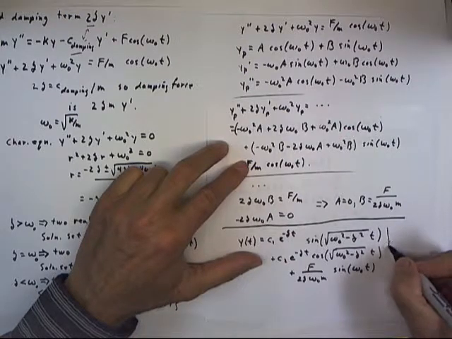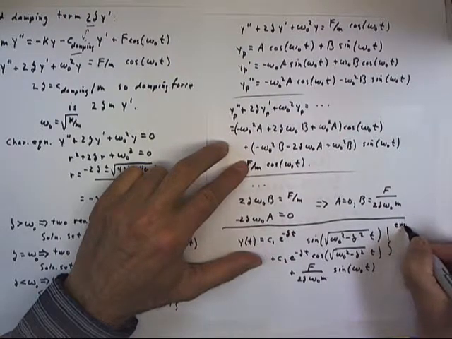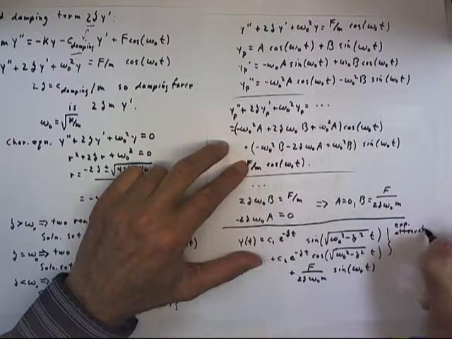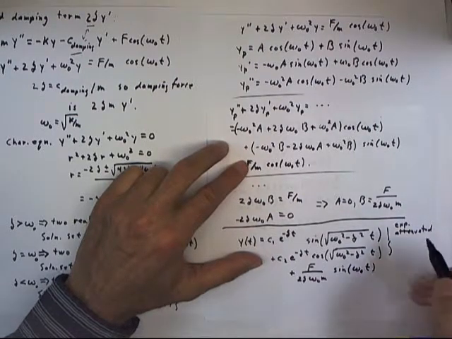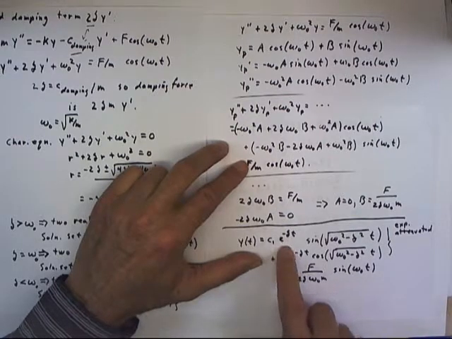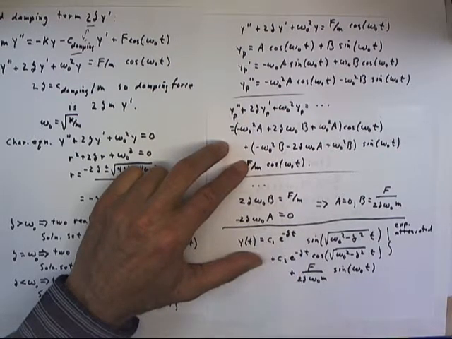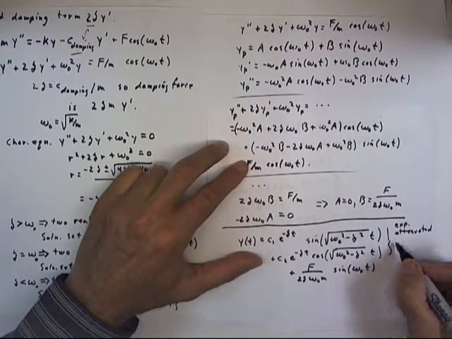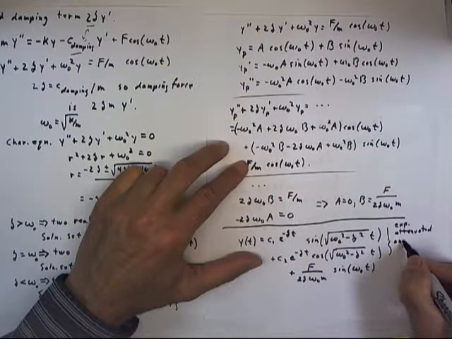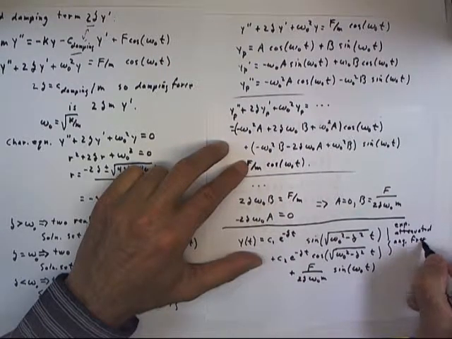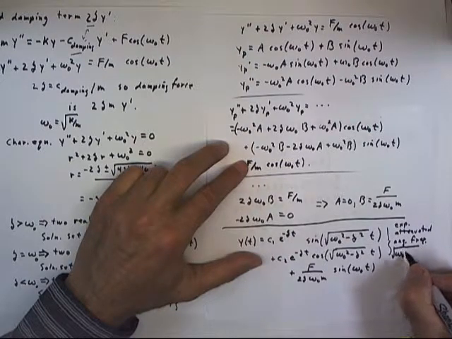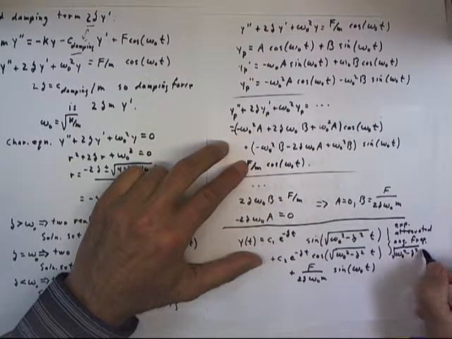And this part of our solution is exponentially attenuated, that means it exponentially disappears on some long or short time scale depending on the value of delta. And it has angular frequency square root of omega naught squared minus delta squared, which is less than omega naught.